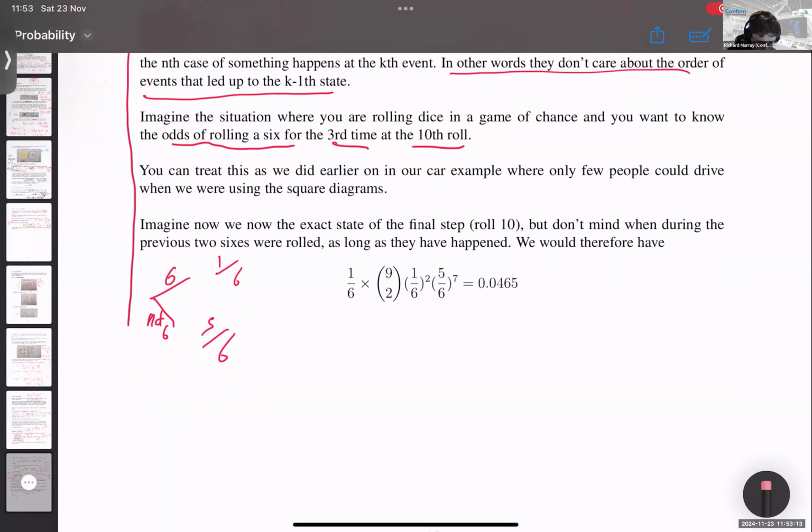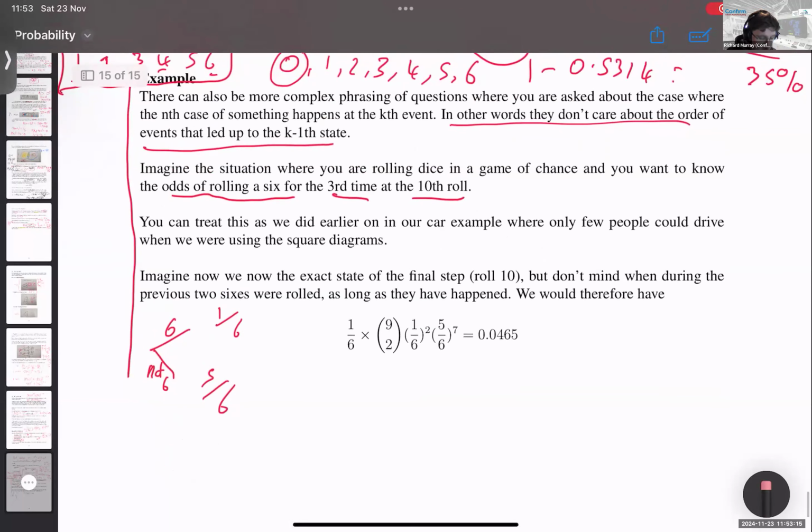So what we want to do instead is separate our question into 2 parts. Our question has: what is the probability of rolling a 6 on roll number 10, and the probability of having rolled 2 6s in the first 9 rolls.